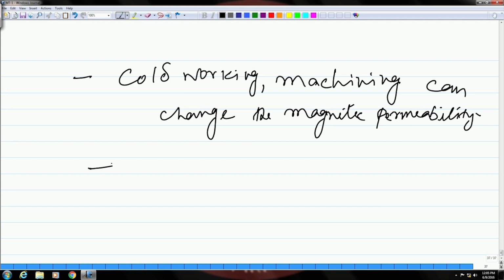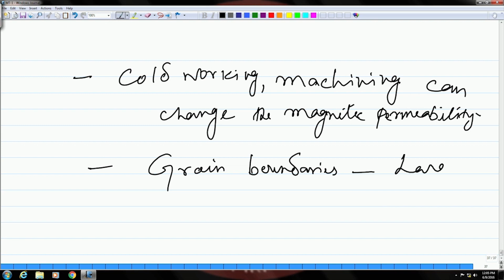Then in polycrystalline materials, in polycrystalline metals and alloys, you have a large number of grain boundaries. They can also be a source of non-relevant indications, particularly in large grain size material. When you encounter the boundaries across the grains, there could be a change in the magnetic permeability.